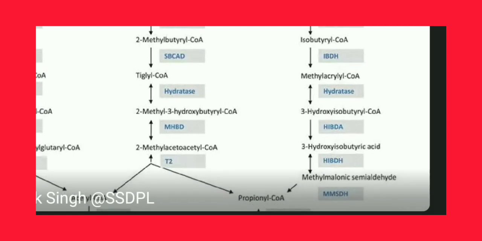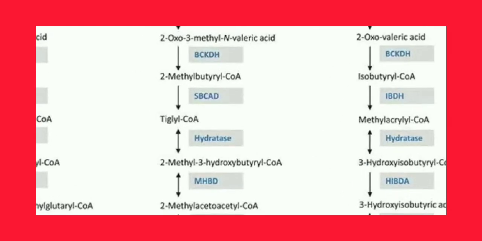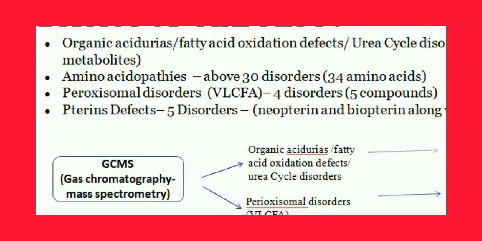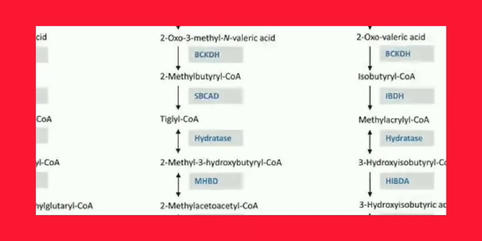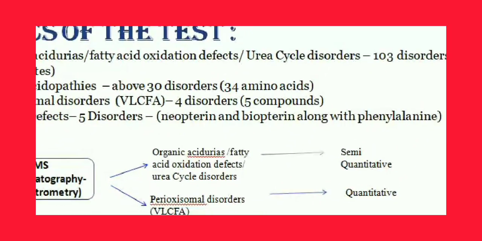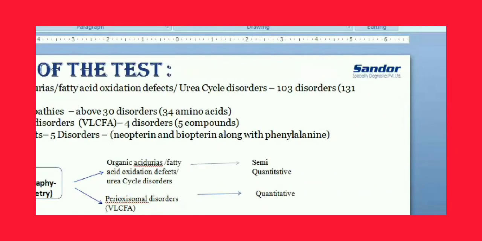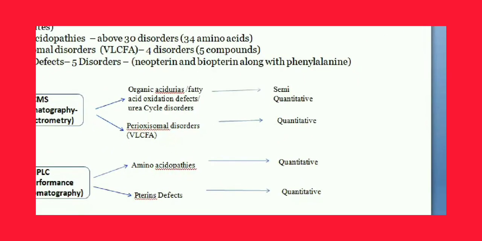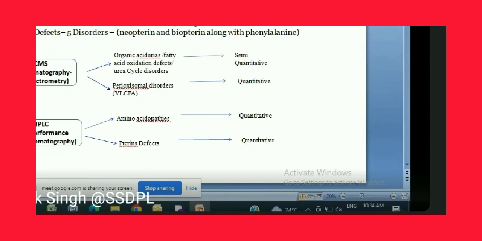In the same way you check for isoleucine, and the same way you check for valine. Please remember that the organic compounds or small molecules are detected in GCMS, and amino acids in HPLC. This is the main thing. You are going to sell mostly of this only.